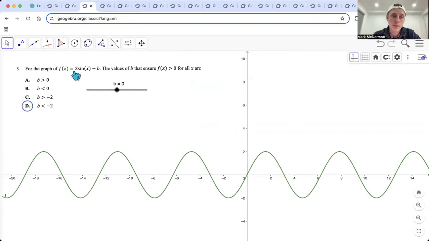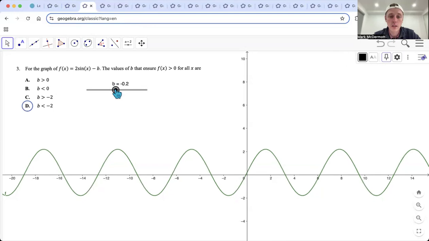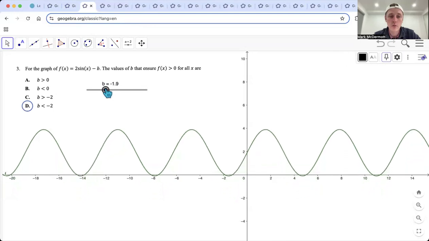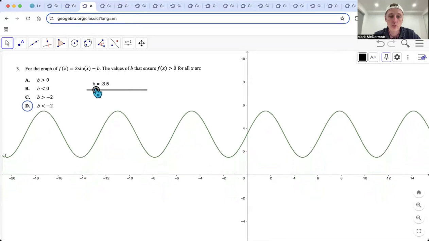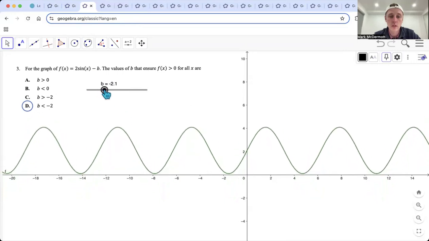All right, for the graph of f of x equals 2 sine x minus b, the values of b that ensure f of x is greater than 0 for all x are. Okay, probably use a slider on your calculator for this one. Graph the function. You need this to be greater than 0, so you'll notice when b is strictly less than -2, this function is always positive.